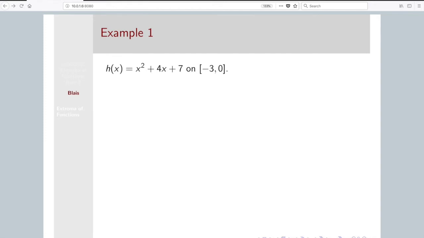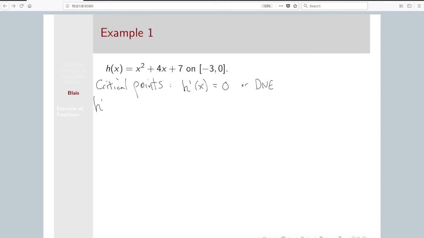Let's do some examples to see this. First, here we have h of x is x squared plus 4x plus 7. The interval in question is [-3, 0]. So the first thing we do to check for critical points is check where the derivative is either 0 or does not exist.